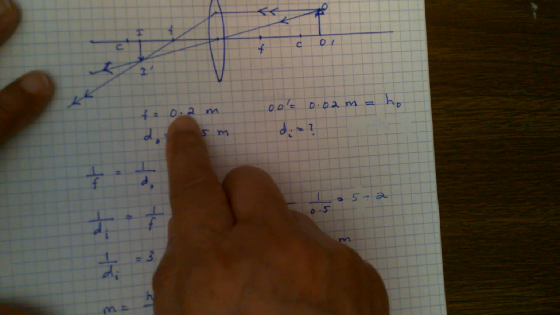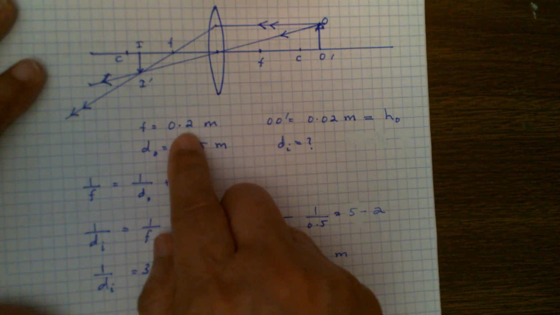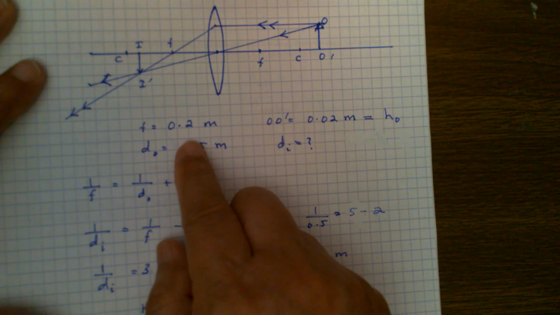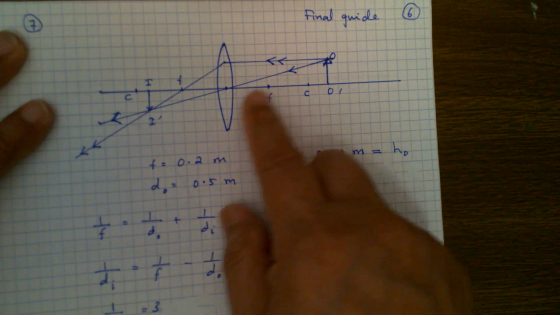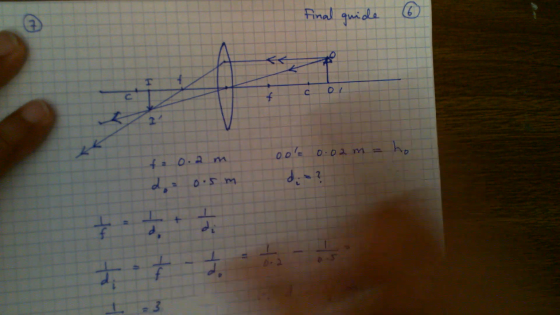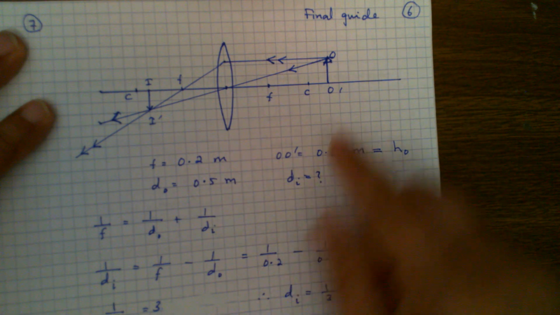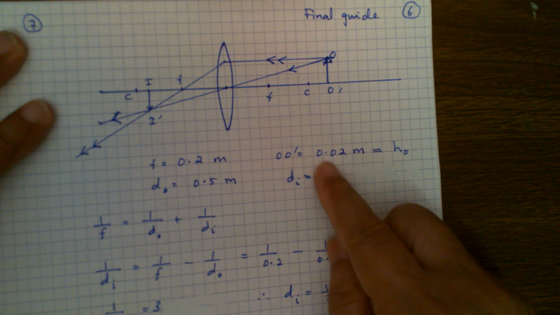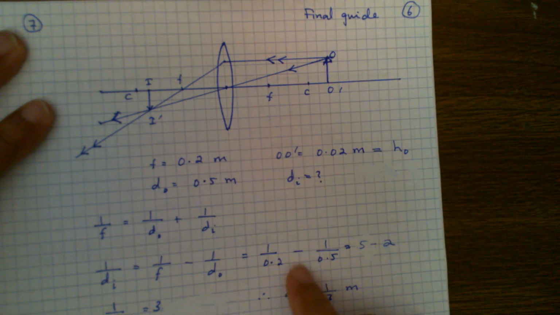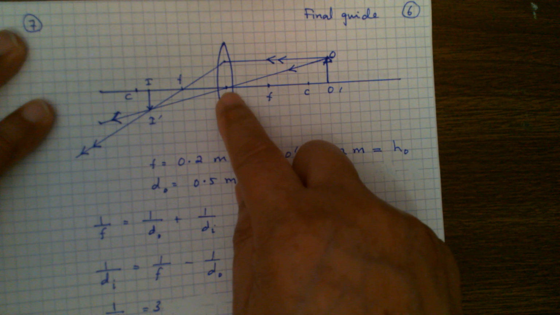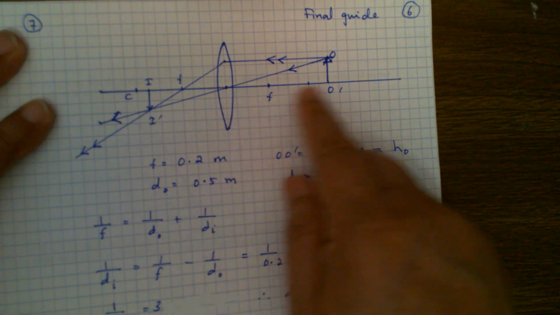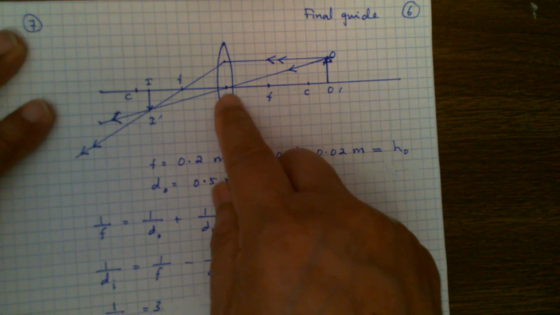By the way, I changed f to 0.2 instead of 0.1. All right, so I will change it in the paper. So the focal length is 0.2 instead of 0.1 like I read. The height of the object is 0.2 meters and it is placed at a distance 0.5 meters away from the lens.